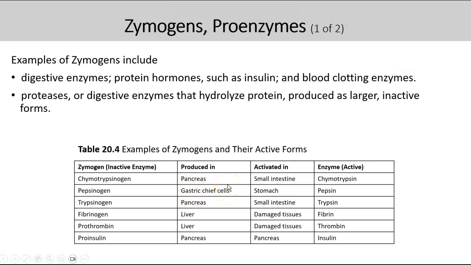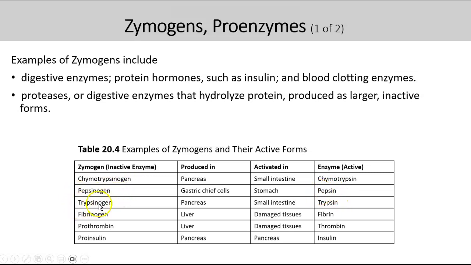They will stay there in inactive form. So these are inactive enzymes. Chymotrypsinogen and pepsinogen are inactive enzymes, and they will be activated at different places than where they were produced. And the active forms are called chymotrypsin and pepsin, respectively.